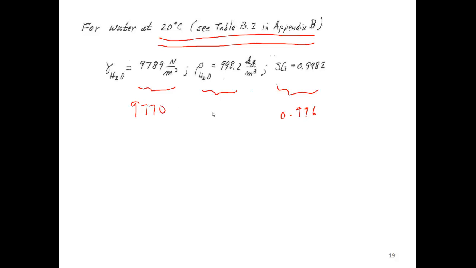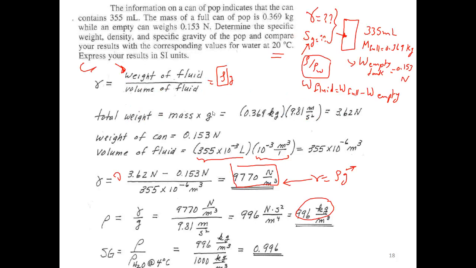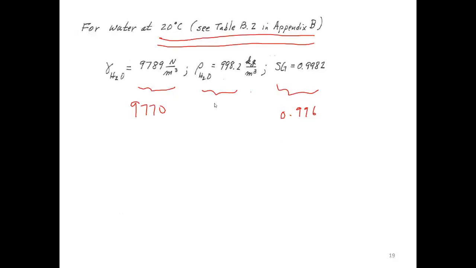And then the density was 996, I believe. Yep, this one was 996. So you notice this one is less than this. This one is slightly lower than the values of water at 20 degrees Celsius.